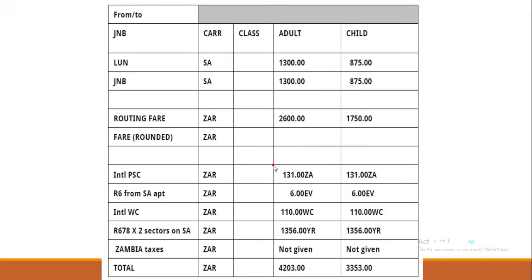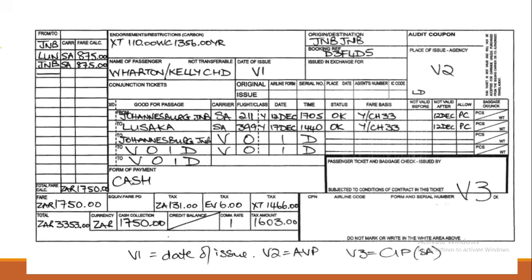So after you are done doing your calculation, it has been completed, you will then go into your ticket to fill out your ticket. So here you will see that the ticket has now been filled out, and everything that I explained in the blank ticket has now been filled out.